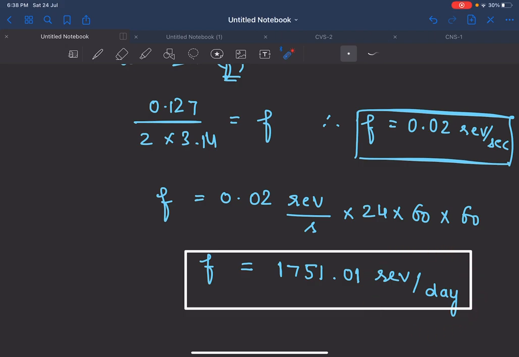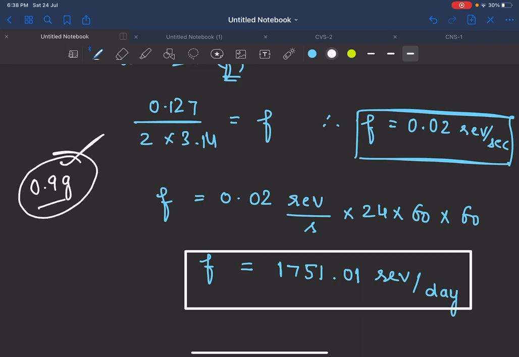So this is our answer. And if the space station makes 1751 revolutions in a day consistently, then an effect of 0.9 g will be felt at the surface, where g is the acceleration due to gravity at surface of Earth, or we can say an effect comparable to Earth will be felt at the surface of space station.